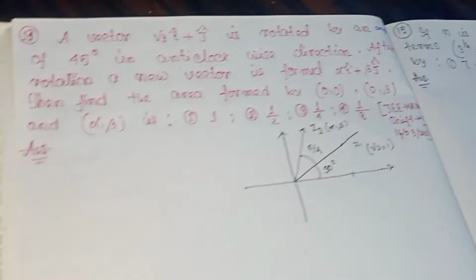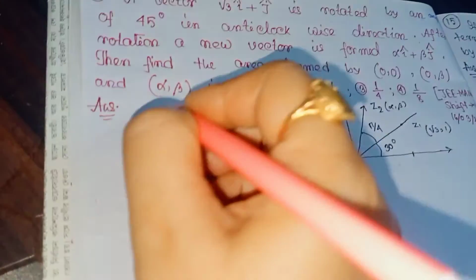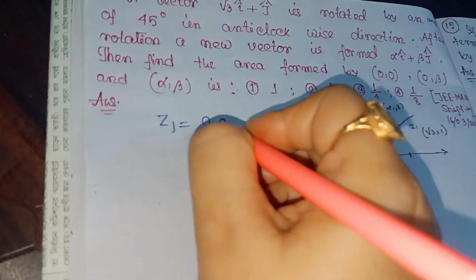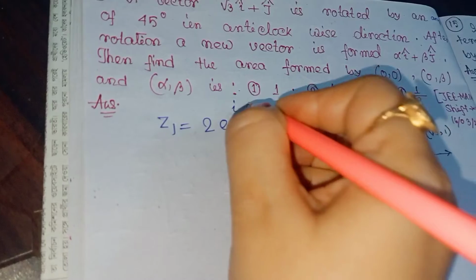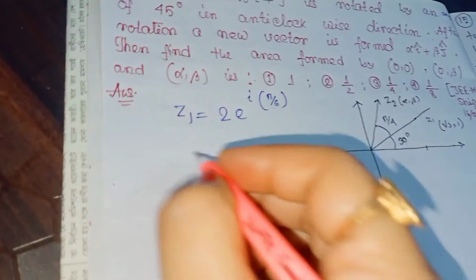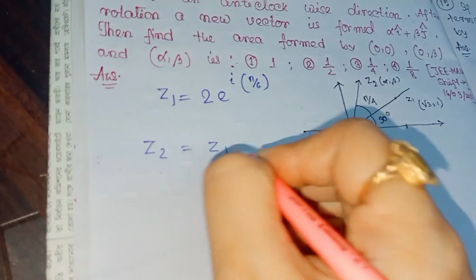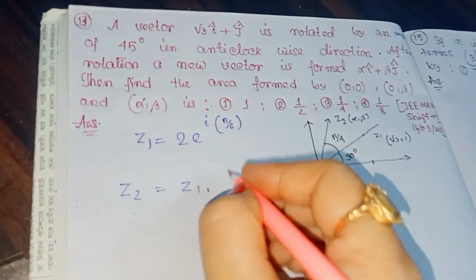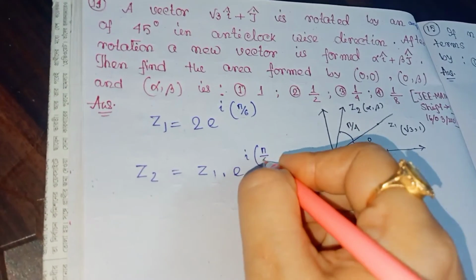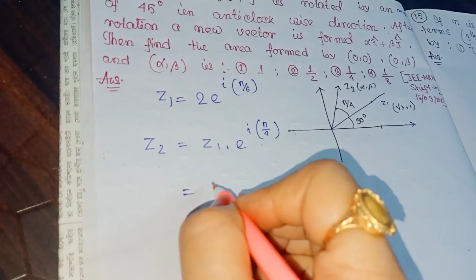Now from this picture, z1 is equal to 2 into e to the power i pi by 6. Now z2 is equal to z1 into e to the power i pi by 4. So let's put the value of z1.